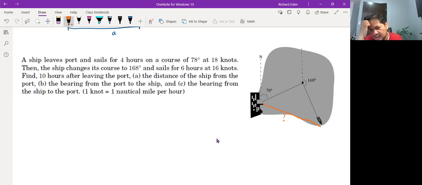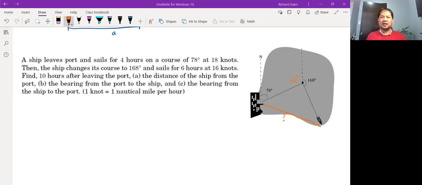That is 180 minus 78, which is 102. So from there we can see the three angles meeting. The angle is 360 minus 102 plus 168. So 360 minus 102 plus 168. That is equal to 90 degrees exactly for some reason.